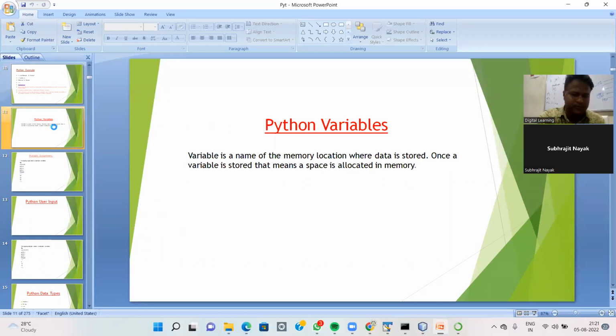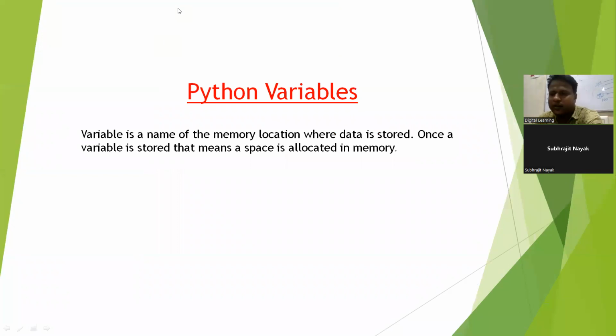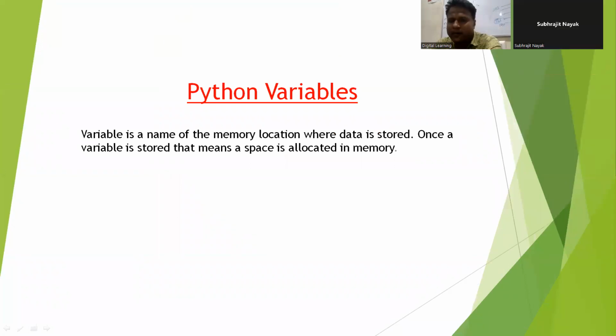Python variable. What is a variable? A variable is a name of a memory location where data is stored. Once a variable is stored, that means space is allocated in memory.